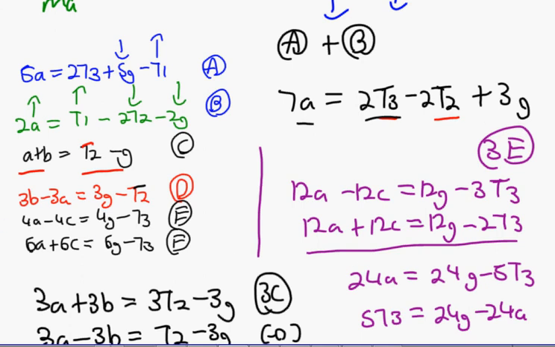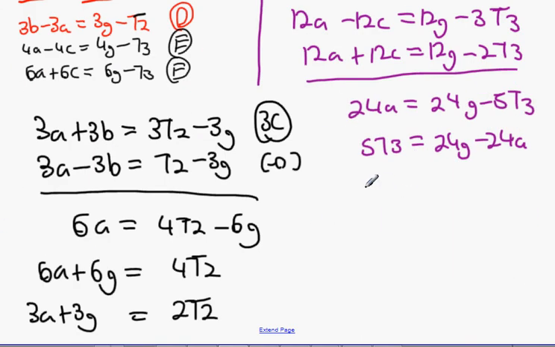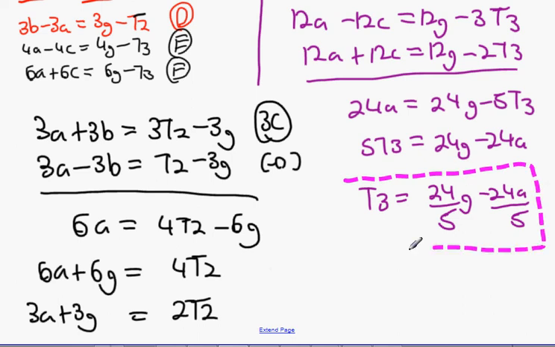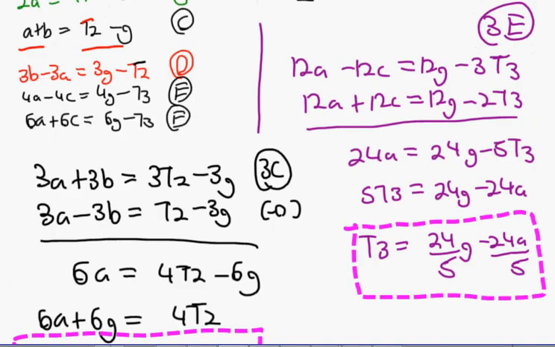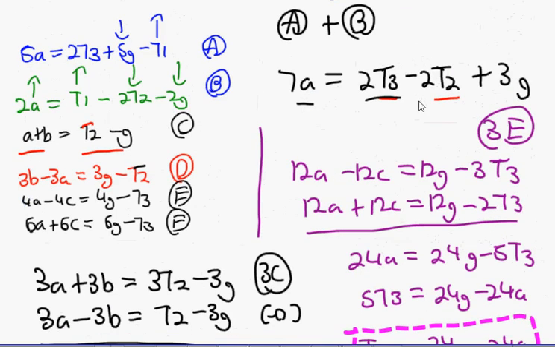Alright? And then what is T3? I might as well get it on its own. So 24 over 5 G minus 24 over 5 A. Okay. Now, these two equations here are very important to solving this equation up here.